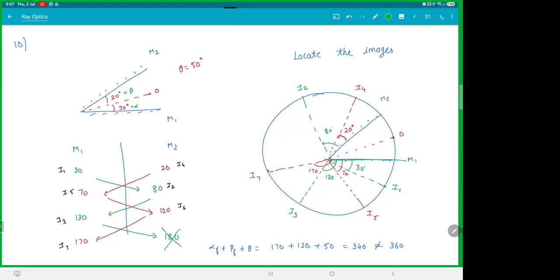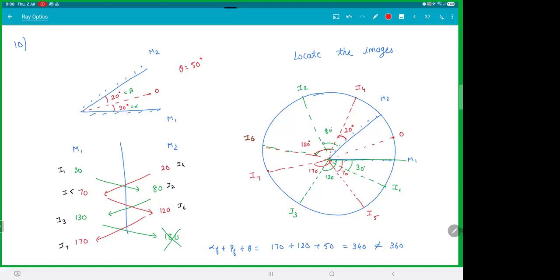And that thing was 120. I6 would be, I don't know, you can just draw it somewhat like this. This will be like 120. There, those are the 7 images on a circle.